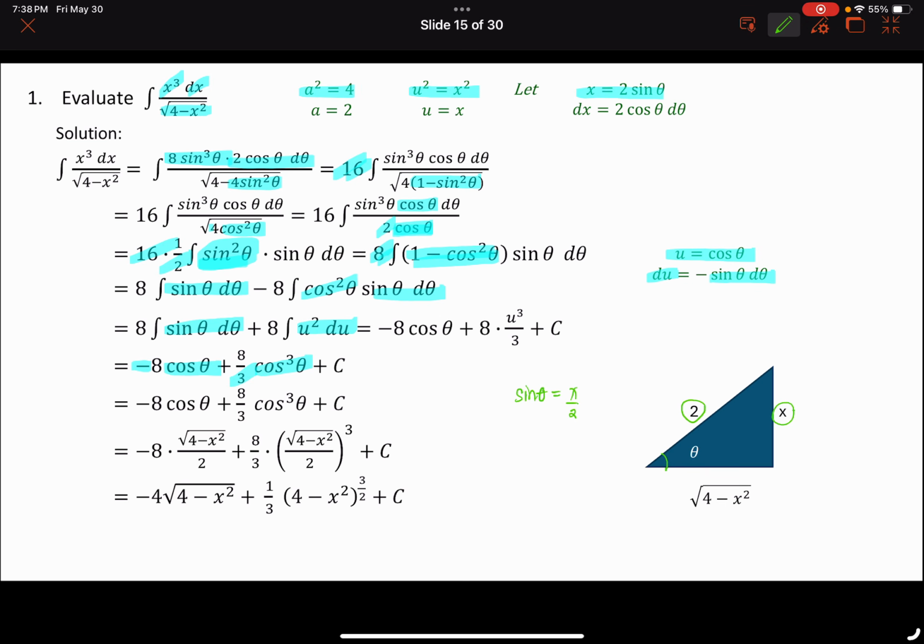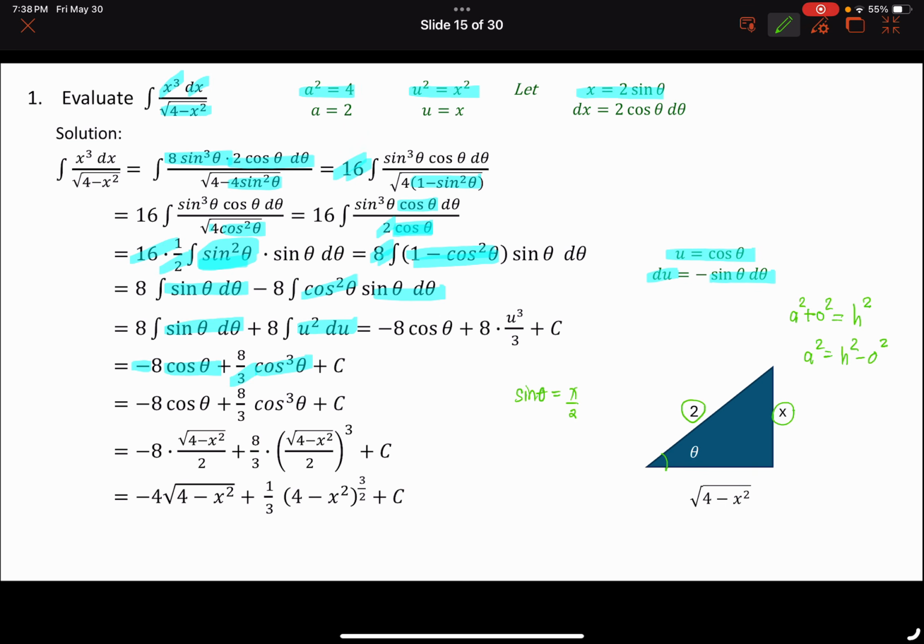This would give us the third side, so we have adjacent squared plus opposite squared equal to the hypotenuse squared. So the adjacent side squared is equal to h squared minus o squared. That is 2 squared minus x squared. So that is 4 minus x squared. So the adjacent side is the square root of 4 minus x squared.